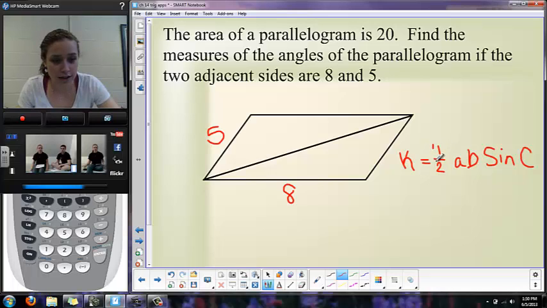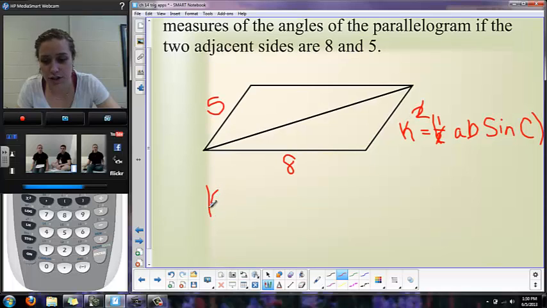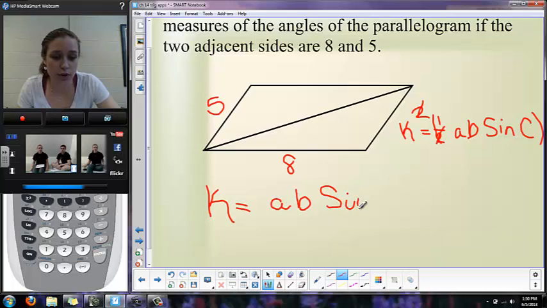The 2 right here and the 2 in the 1/2 cross out. So to find the area of a parallelogram, it's pretty much the exact same equation, except we just eliminated that 1/2 out front. So the area of a parallelogram is AB sine C. You can use that equation for parallelograms as well.